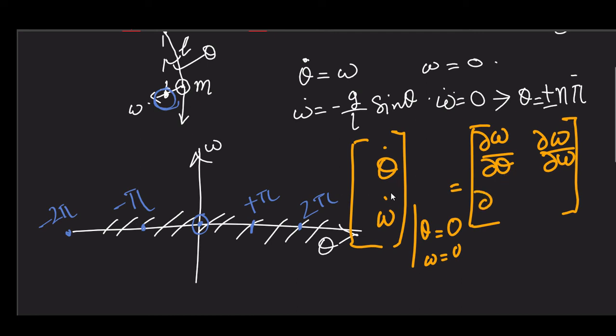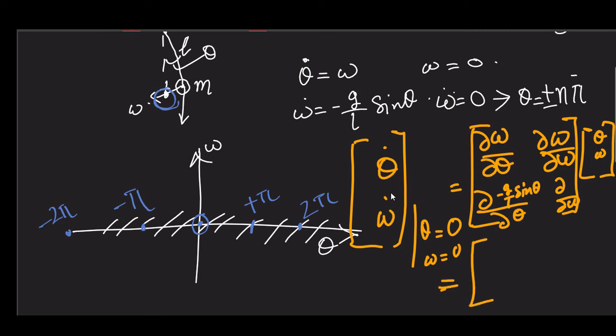Similarly here you consider minus g by L sin theta, del theta, del omega, the same thing. If you do this, you will get something like 0, 1, minus g by L cos theta, 0, multiplied by theta, omega. Interestingly, this represents a linear model around your vertical downward position.